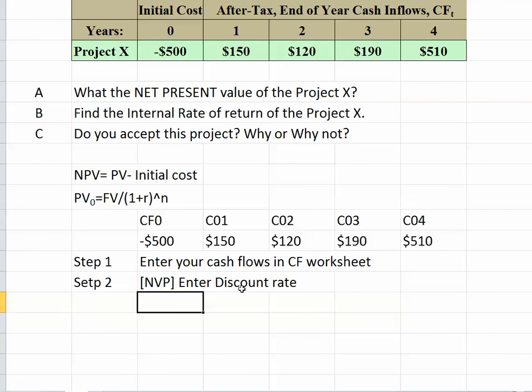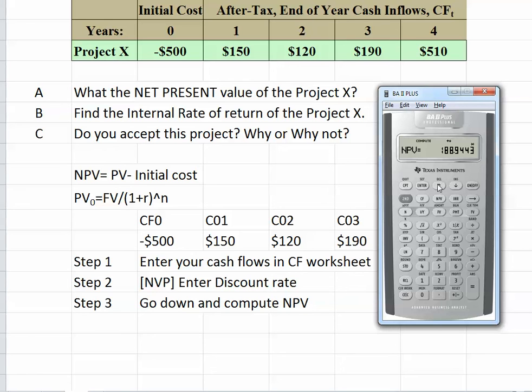Step 3, go down and compute NPV. So what does that mean?